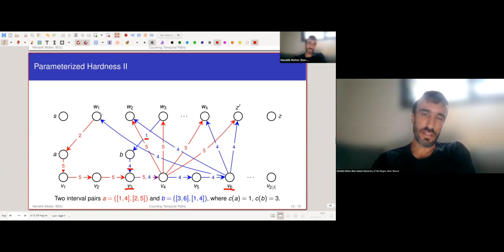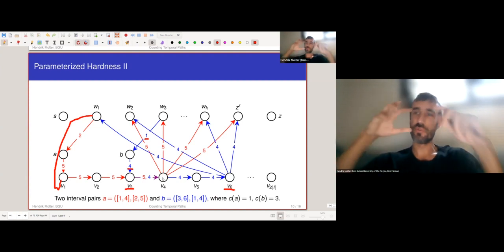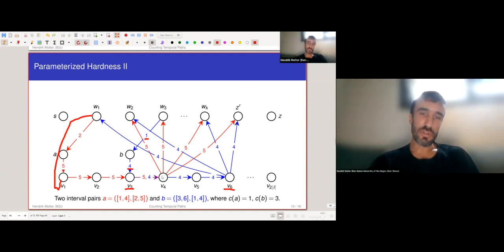And if you think about temporal paths that are composed out of these segments, then if I want to take this red path segment, I'm already at time 5. So if I'm following the rules that I'm trying to impose on this reduction, I will arrive at time 5 at whichever next color vertex I want to take. And then if the second interval intersects, I'm not going to be able to take this path here, right?